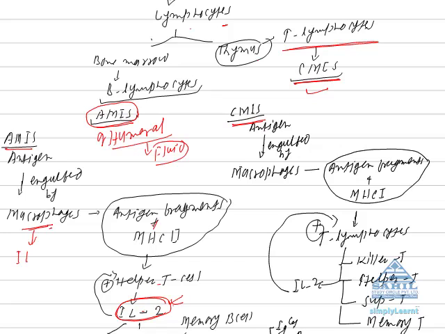Macrophages, which secrete IL-1, also stimulate helper T cell. So there are three sources from which helper T cells are stimulated: this complex, IL-2 and IL-1. But the most important stimulator of helper T cell is IL-2, and its source is helper T cell.